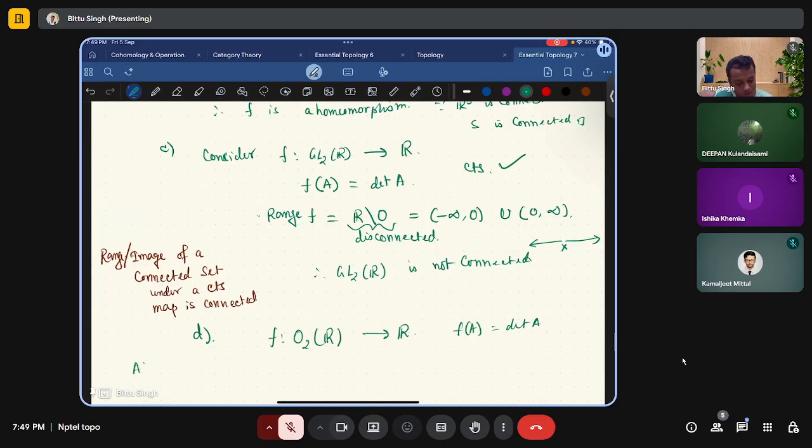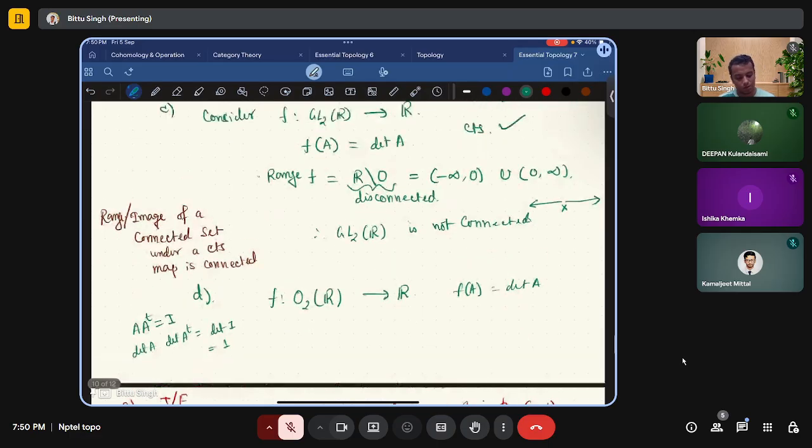Orthogonal group is determined by this property: A A transpose is identity. Right? This is the property shared by orthogonal groups. Yes, modulus is 1, but we are considering real orthogonal group. Then determinant of A times determinant of A transpose is determinant of I, which is 1. But this means determinant A whole square is 1.